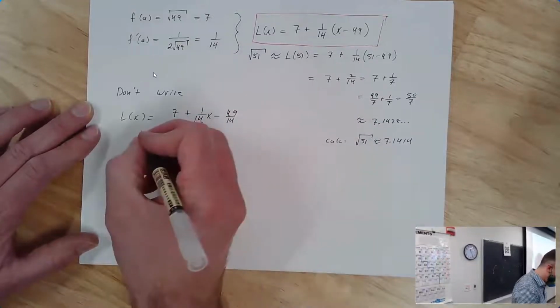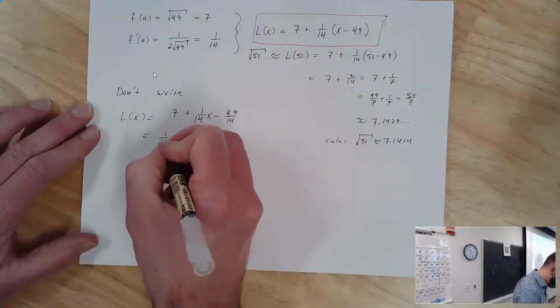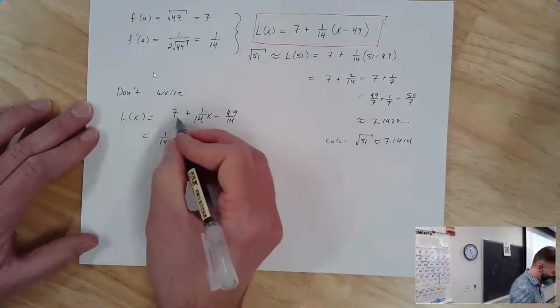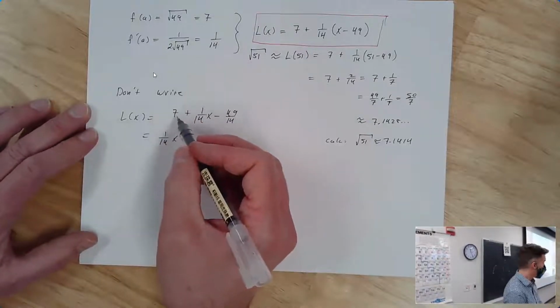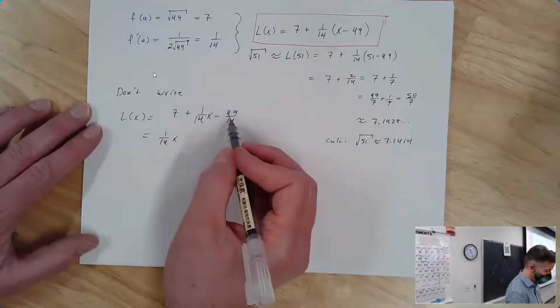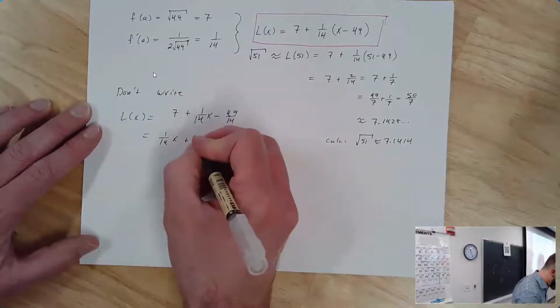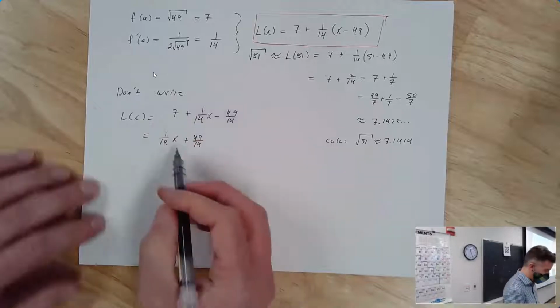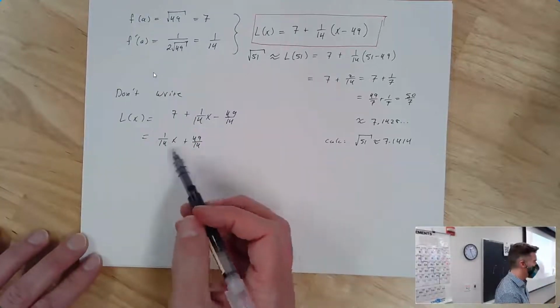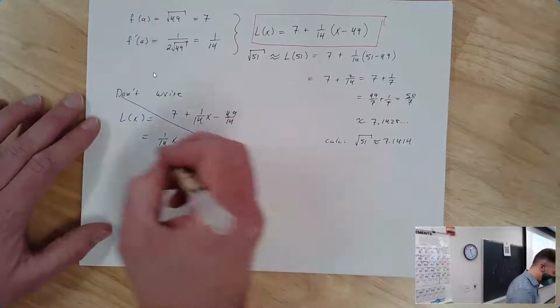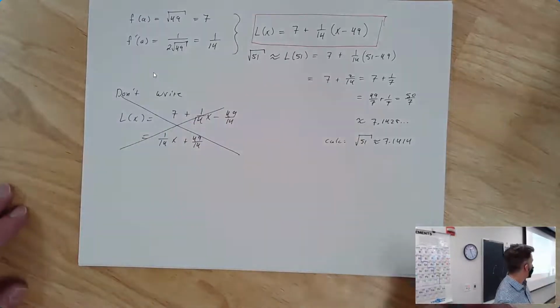That's going to end up being 1/14 x, 7 is 98 over 14, and 98 minus 49 is 49 over 14. It's not going to make your life easier. Don't do this.